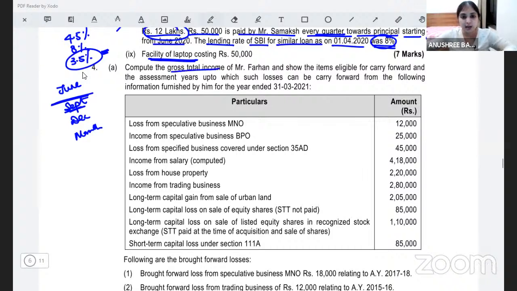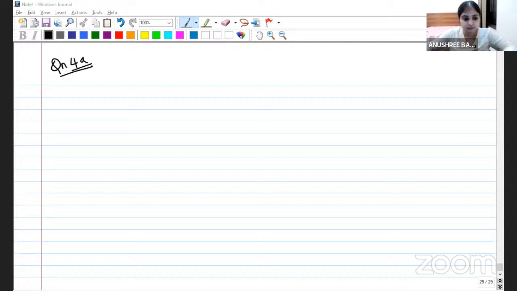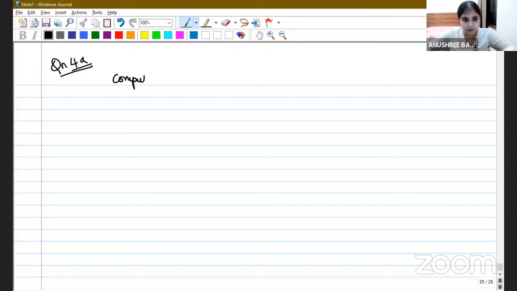Compute gross total income of Mr. Farhan and show the items eligible for carry forward and the assessment years up to which such losses can be carried forward from the following information furnished by him for previous year ended 31st March 2021. We're supposed to compute his GTI. So write down computation of gross total income of Mr. Farhan.